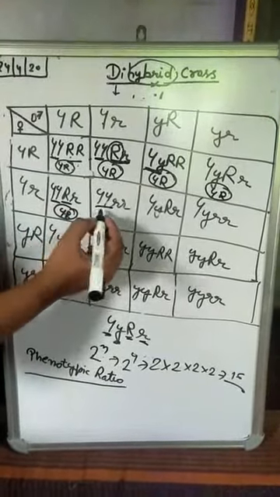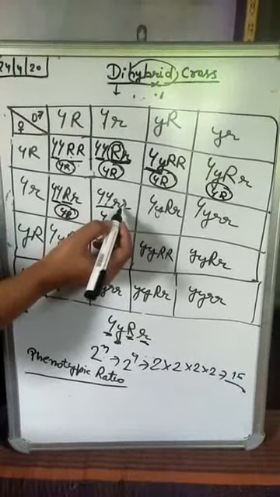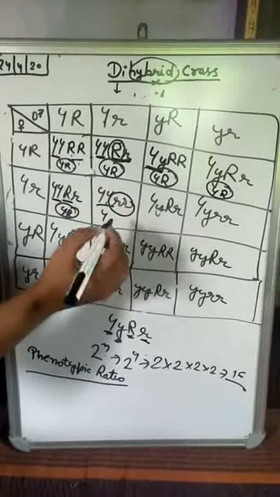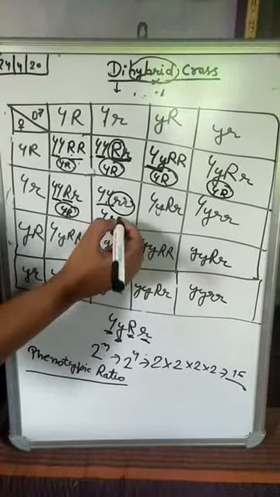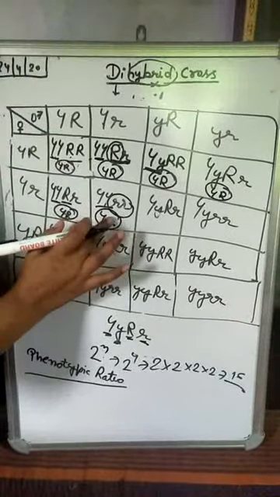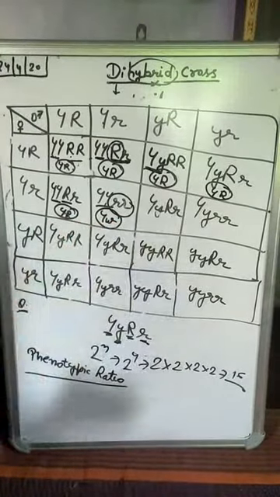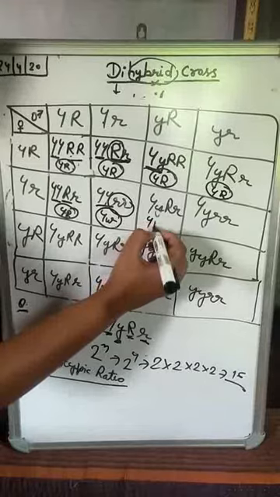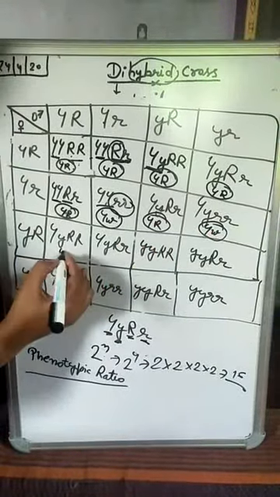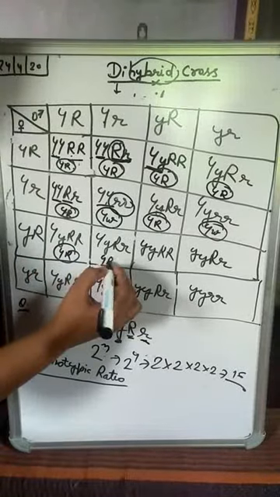Now here you see yellow, but there is no capital R. Both are recessive alleles that represent wrinkled in shape. Yellow and wrinkled. Yellow and wrinkled. Again yellow and round. Again yellow and wrinkled. Yellow and round. Yellow round.